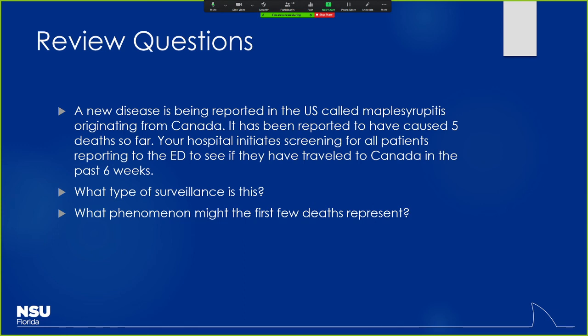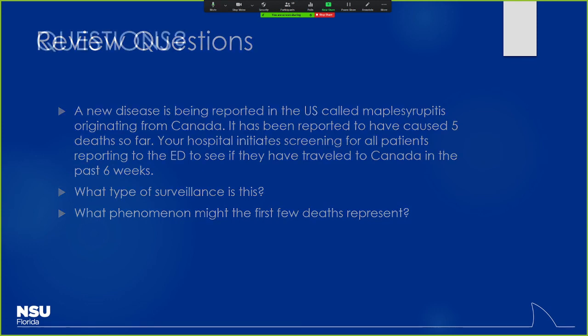It wasn't until we got better screening procedures, better means of testing people, that we realized how many people actually had the disease in question. So that's why the first few deaths of something usually perk everyone's ears up and they think, okay, I should probably be looking for this, and lay people may think now they have the disease in question. They may go back to the hospital for further evaluation. But that's part of that iceberg phenomenon.